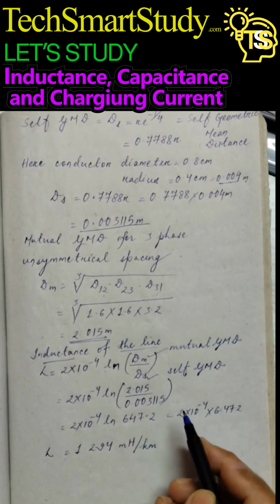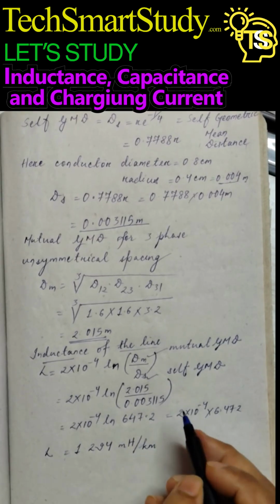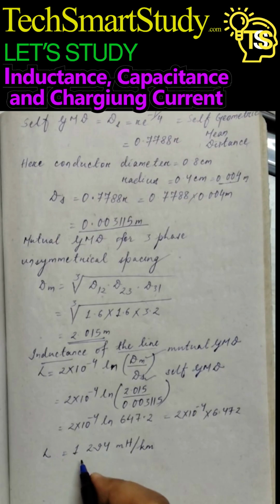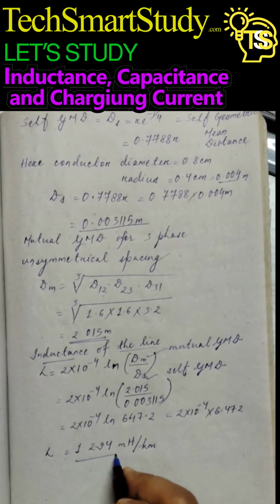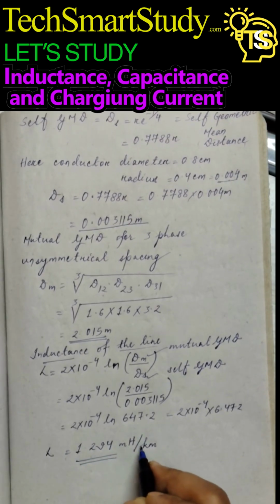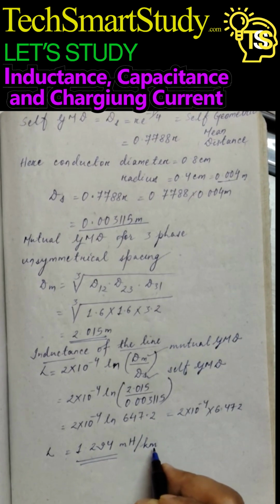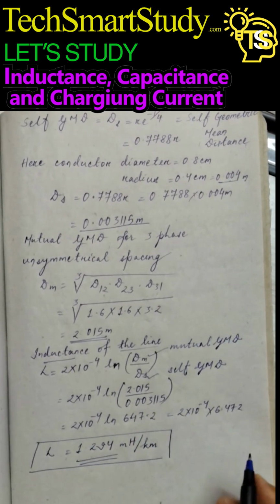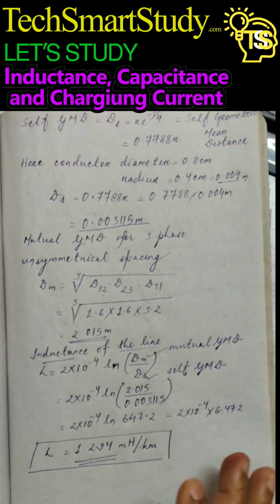So if we multiply, we'll get 1.294 millihenry per kilometer, which is the required answer, that is the inductance.